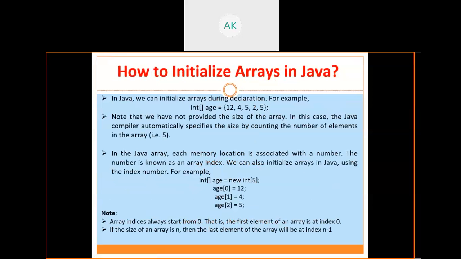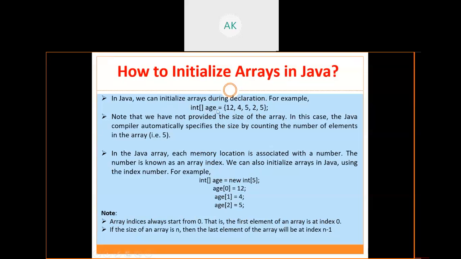In case of C, it was quite easy: we write the data type, then the array name, then the size, and equals to, and we are initializing the values to the array. Whereas in case of Java, as we have discussed, we have the data type, then the array symbol, and then the array name, and then we can initialize certain values to this particular array.